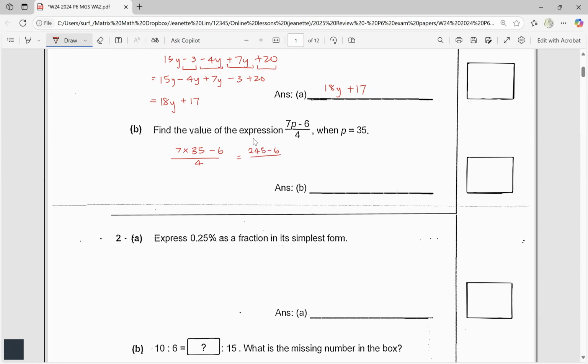And minus 6 moving over 4. So on top is 239. Divide by 4. And you're going to get the mixed number. So how many wholes do you have? You'll have 59 wholes and 3/4 left. So 59 and 3/4 is the answer.